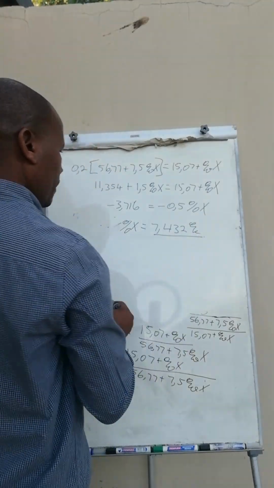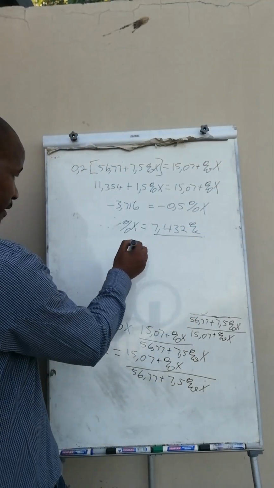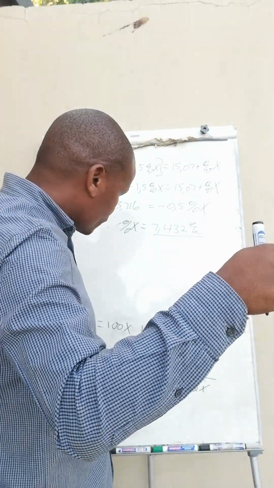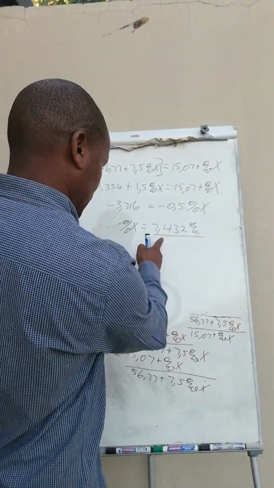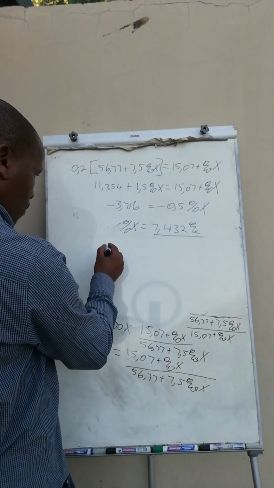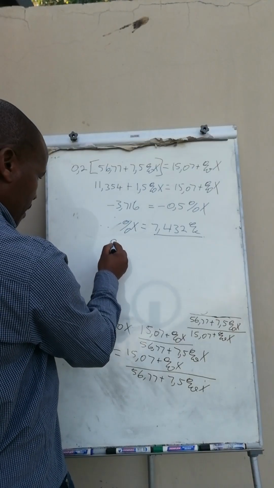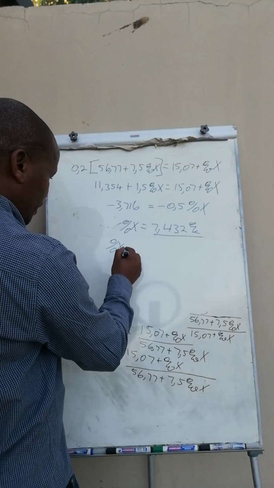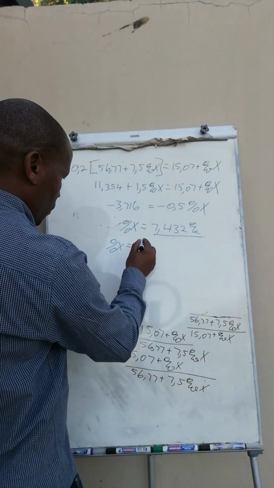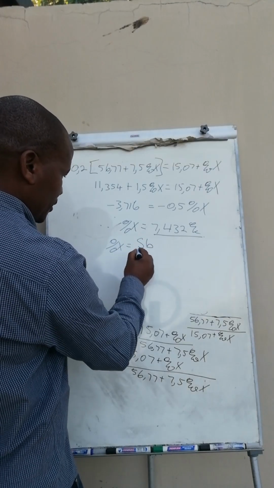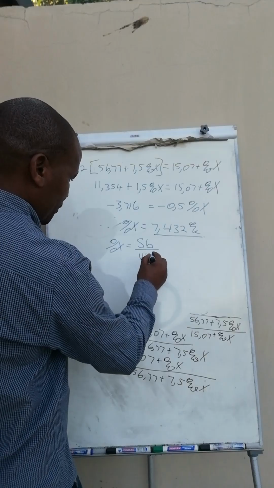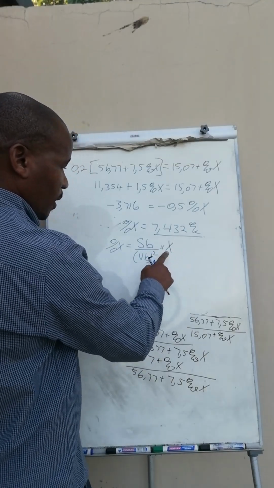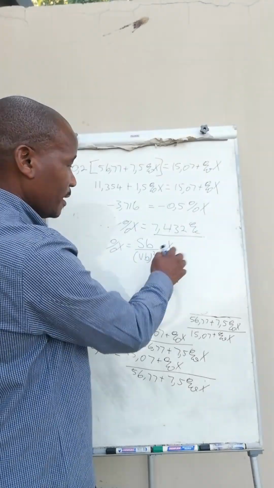Answer, it's 7.432%. But remember, this is the percentage of that particular reactor on the line diagram. Now remember, percentage x reactance is equals to the S base over VB squared multiply by x. You are requested to calculate this.